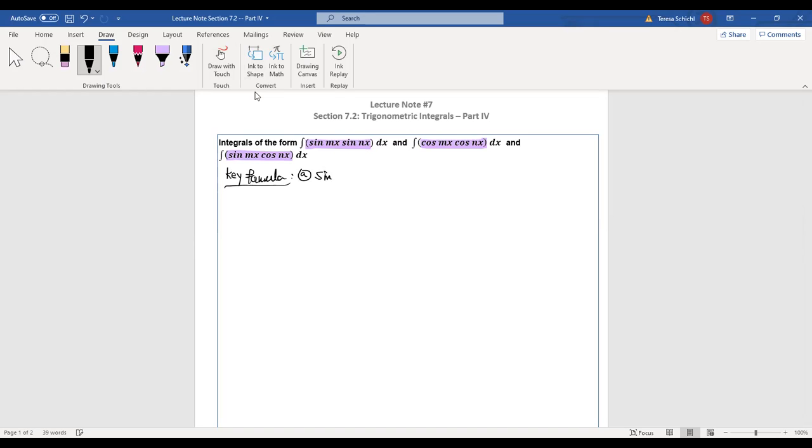So sine A and cosine B, you have 2 angles, A and B. Then the formula we use will be 1/2 times sine A minus B, plus sine A plus B.